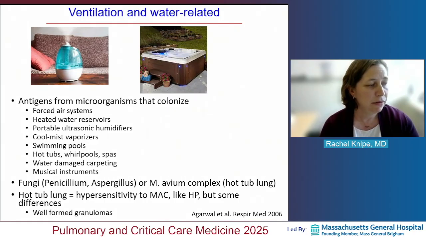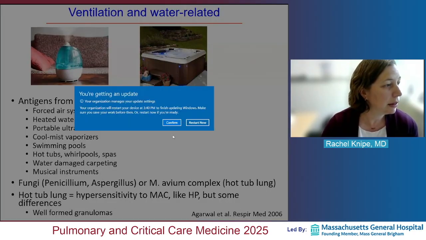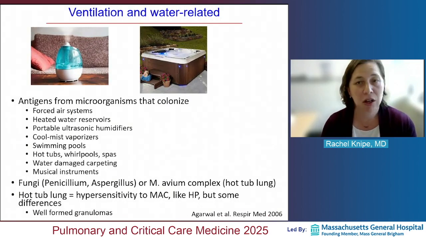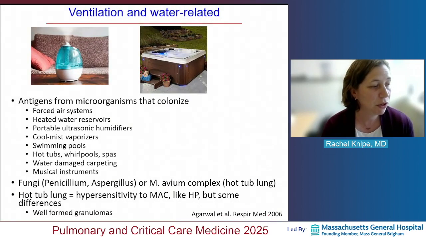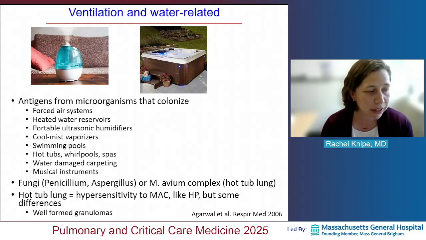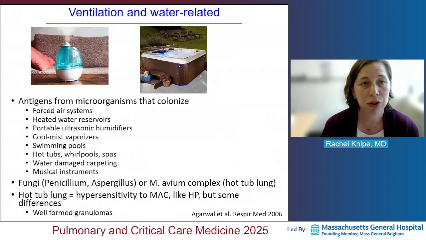And this is often various forms of fungi and Mycobacterium avium complex, which is referred to as hot tub lung. Hot tub lung is a hypersensitivity to MAC, similar to HP, but there are some differences. Histopathologically, the granulomas are more well-formed than what we see in HP, where they're overall looser.